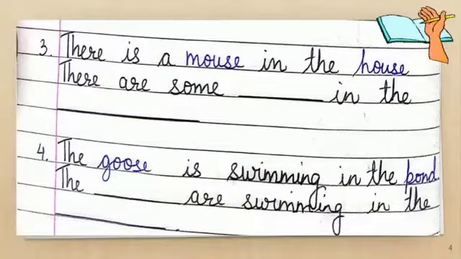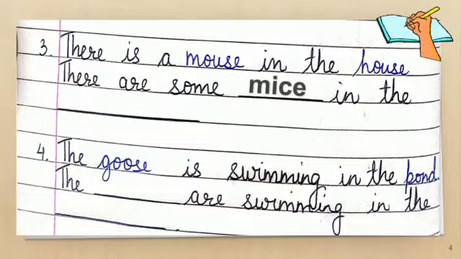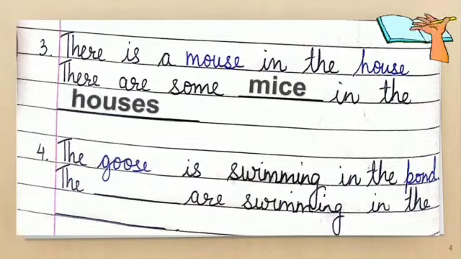Now number 3: there is a mouse in the house. Singular nouns over here are mouse and house. So we have to change them into plural nouns. The plural noun of mouse will be mice and the plural noun of house will be houses. So the answer is: there are some mice in the houses. Now number 4: the goose is swimming in the pond.